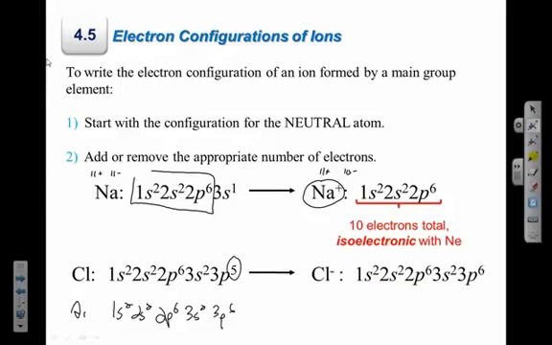So if I give it that 1 electron, now instead of having 17 protons and 17 electrons, now it has 17 protons and 18 electrons. So there's a net -1. So the charge that's shown as a superscript to the right of the element is the net overall charge, considering how many protons there are and how many electrons there are and whether or not they balance out.